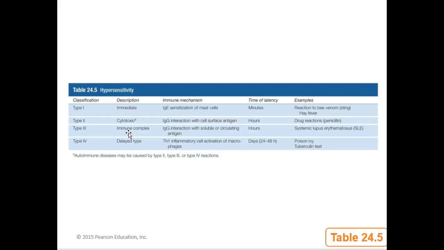And type 4, which is called delayed, is an inflammatory response, and instead of antibody, it's mediated through type 1 helper T cells. And some immune diseases are clearly one of these types, and some are combinations of these types of responses.